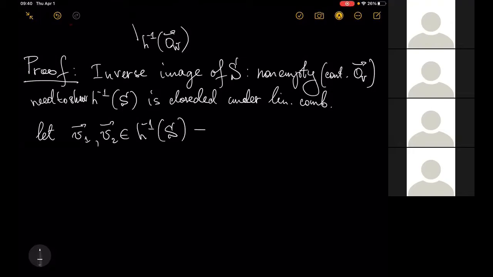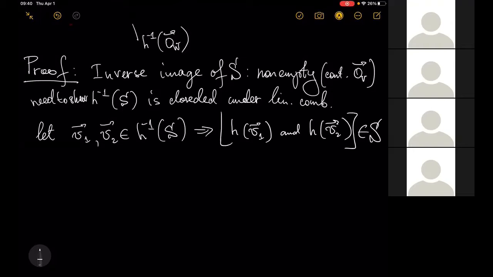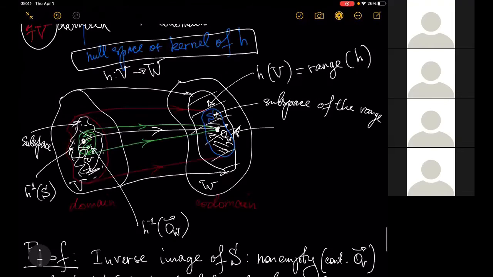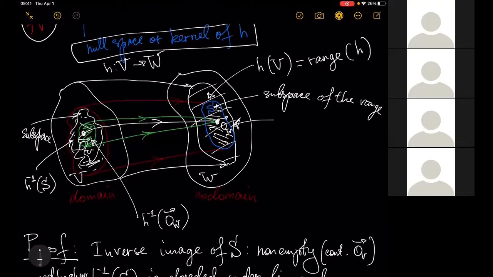What does it mean? It means that H(V1) and H(V2) belong to S, right? To belong to this subspace, this one.